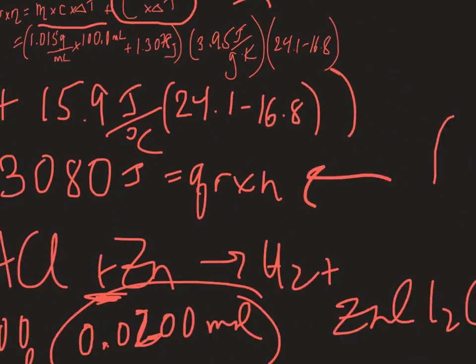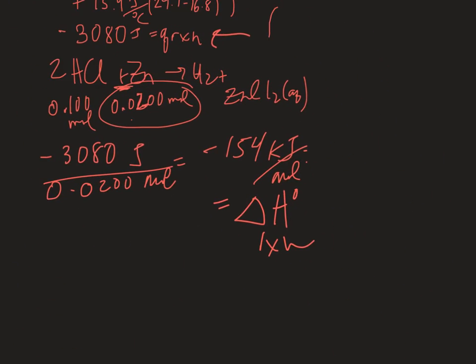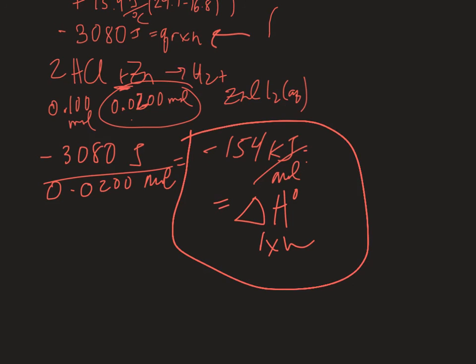It should come out close to something near negative 154. I think I did it myself a little earlier, and it came out to negative 151.8 kilojoules per mole. So that's the answer to part C. If you want to do that on your own, that's the final answer.